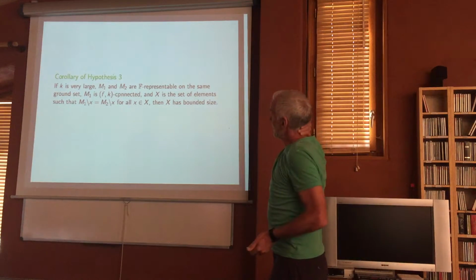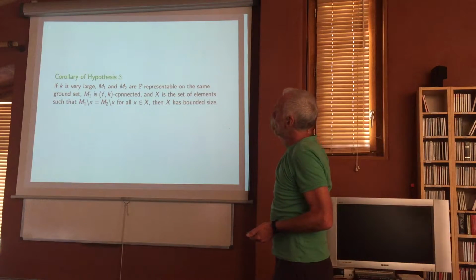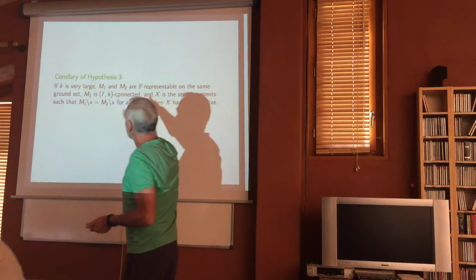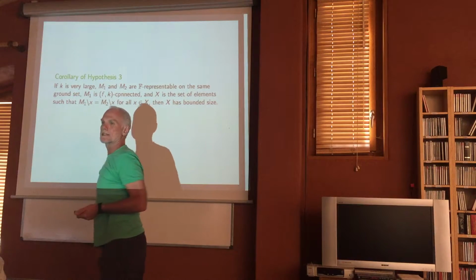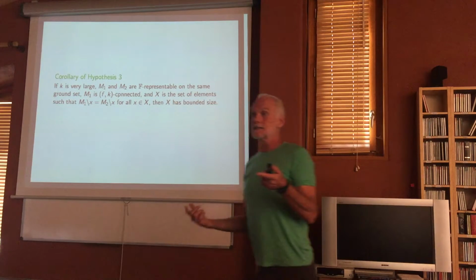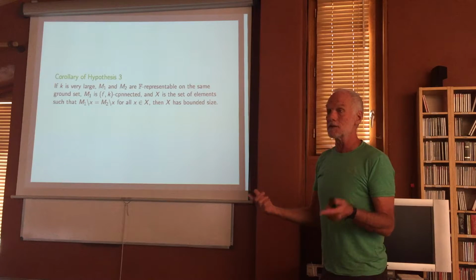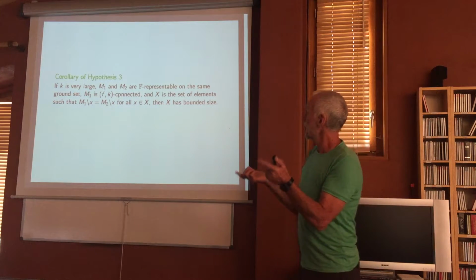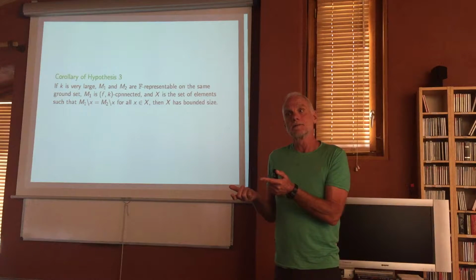So what we get is that hypothesis 3 was about a tangle, and what we've done is to just generalise that to FK connectivity. And it's easy to see that we can generalise that to FK connectivity, because FK connected matroids have an induced tangle.